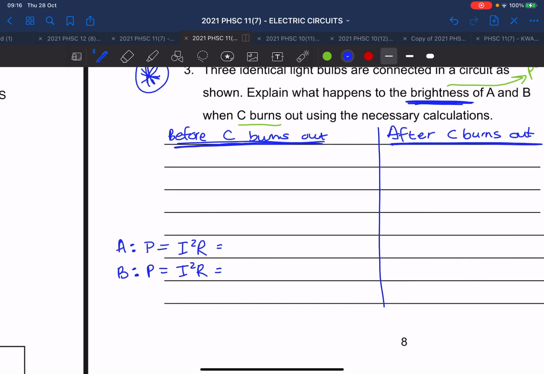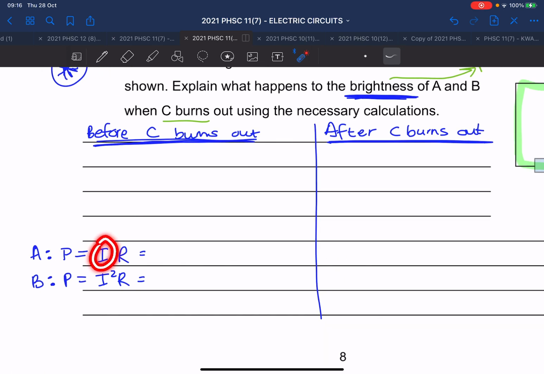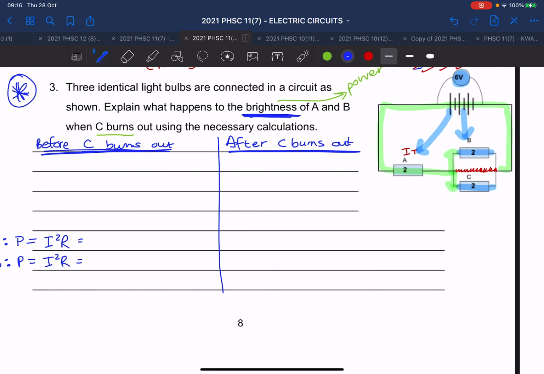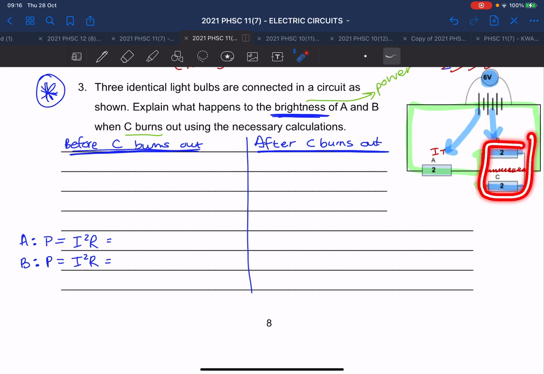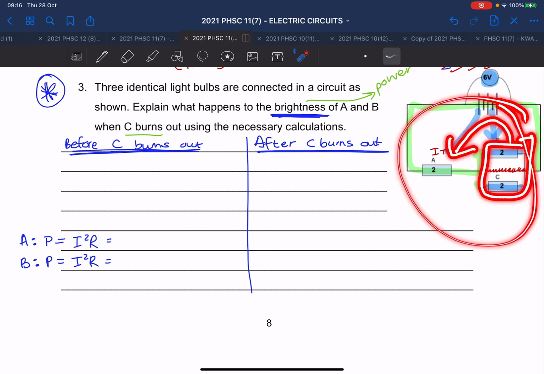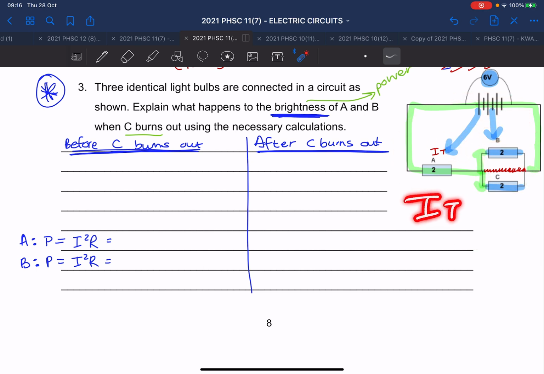Because we do not have the current for them, we must first go calculate the current. And if I want to calculate the current, I must first get the resistance. Because they are in parallel with one another, I'm first going to calculate the total parallel resistance, then add it to that one so that I can get the total circuit resistance, and then I can calculate the total current.